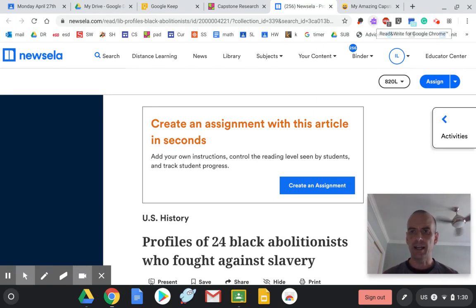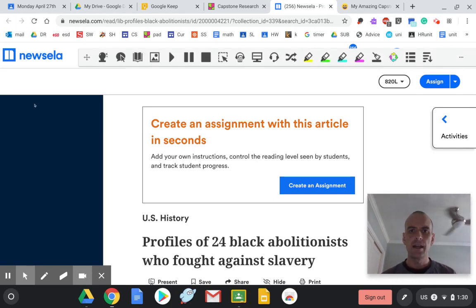The district has downloaded that onto everyone's Chrome when you sign in. So as long as you're using an MAMK account, you have Read and Write here. So what I like to do is click on it. So you click on that RW, and this toolbar comes up.